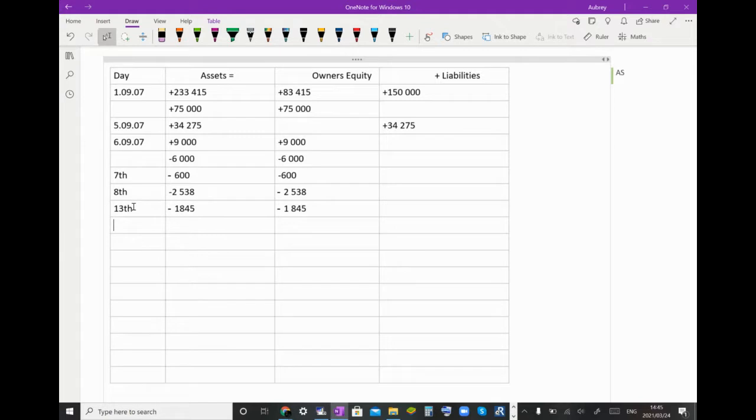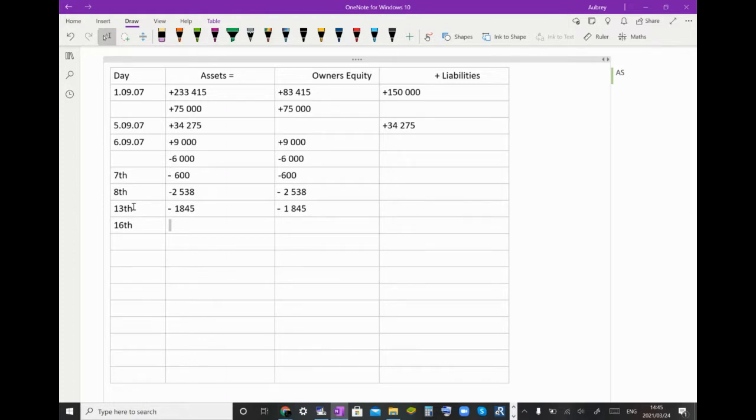We purchased a computer for the office on credit, for 21,930. Which accounts are affected? What did we just buy? We bought a computer, so computer equipment is affected, and we bought on credit. So which other account is affected? Creditors control. That happened on the 16th.